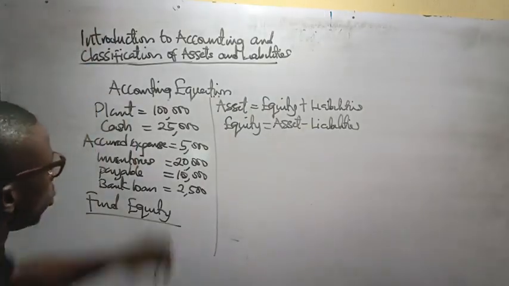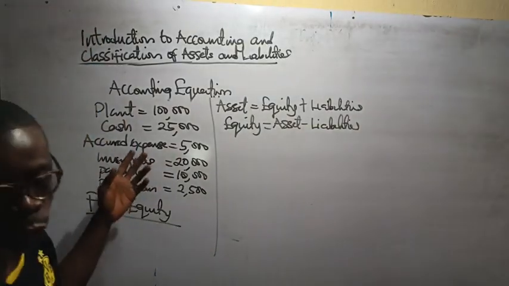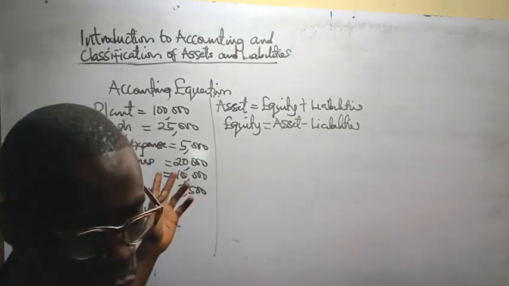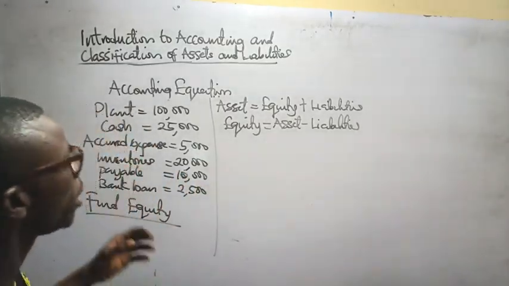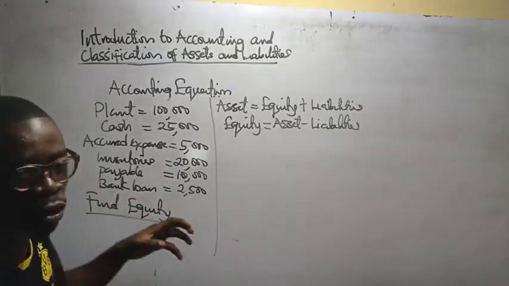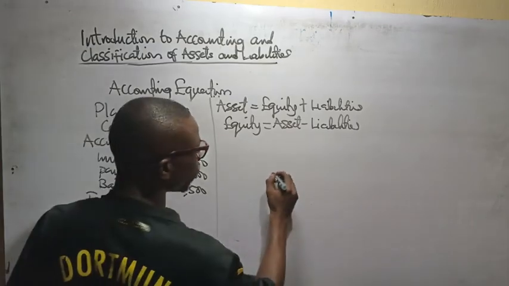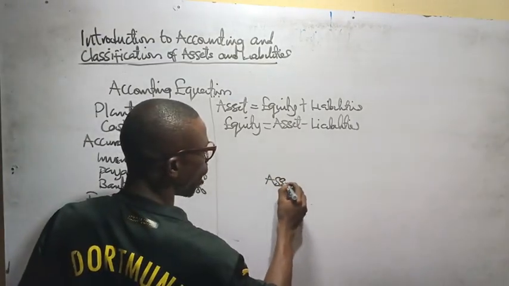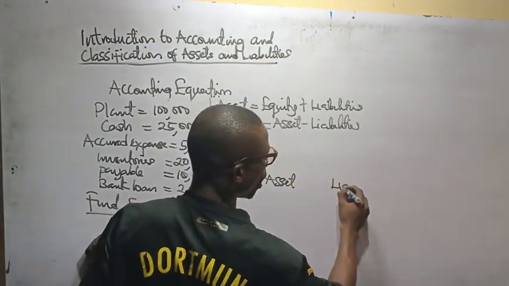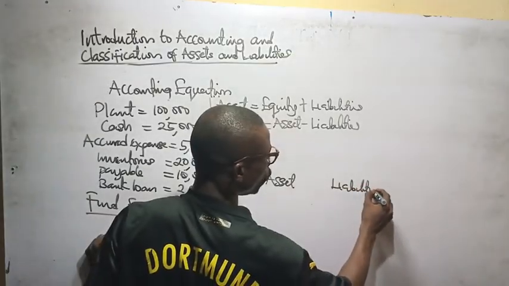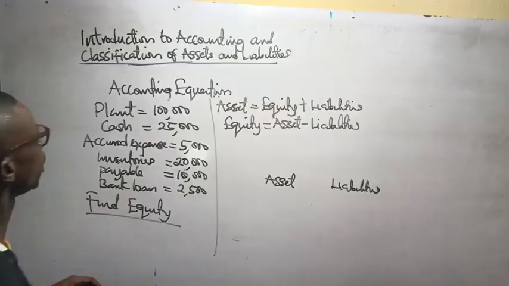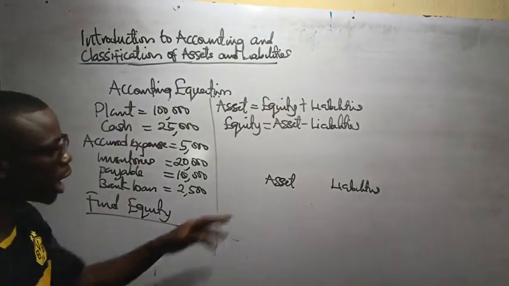But are we given our total assets here? We are not given in this question. So we need to gather all the items under asset together. Let's classify them to know our asset and our liability, so that we can now use them to calculate.